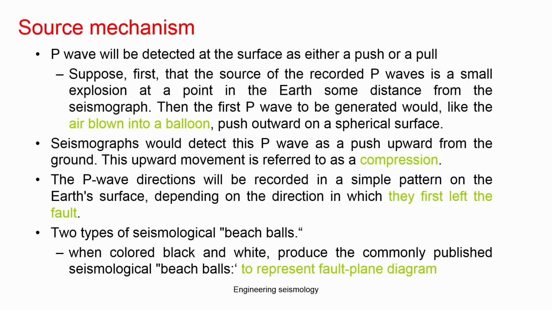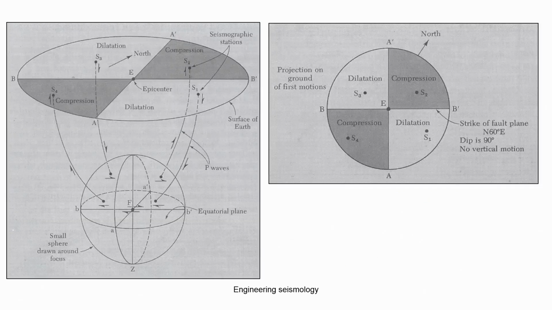Here a beach ball is expressed in two patterns, black and white: one shows compression, one shows tension. Since it has a pattern of color, it is called a beach ball, which is a source mechanism. If you look at this image carefully, this is a sphere of the globe where earthquakes are occurring. These earthquakes are recorded at different stations.